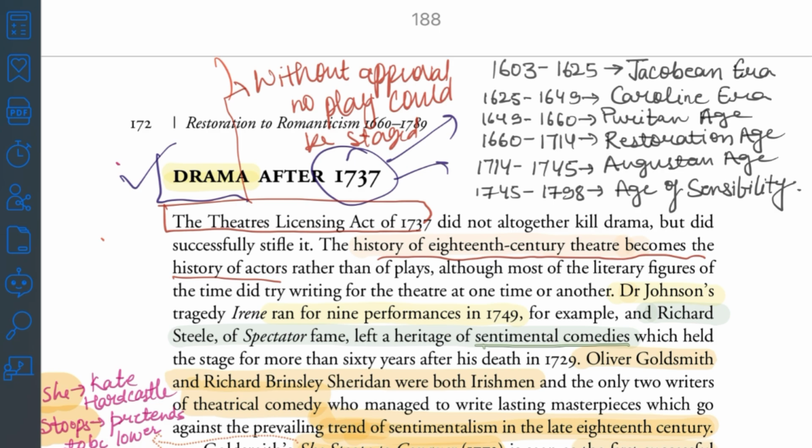It only gave nine performances. This is a tragedy based on Turkish history, with the themes of love, religion and ambition, and it is written in classical form.